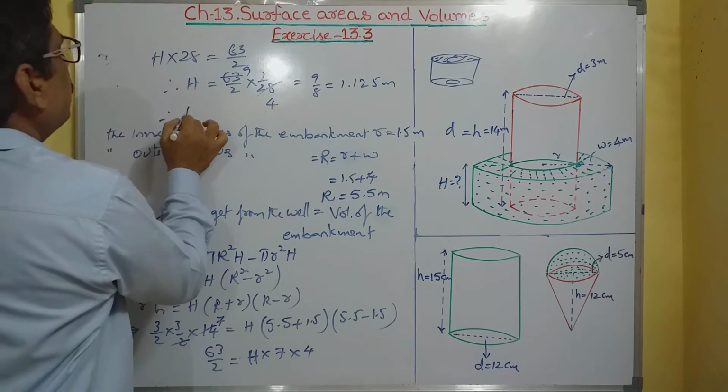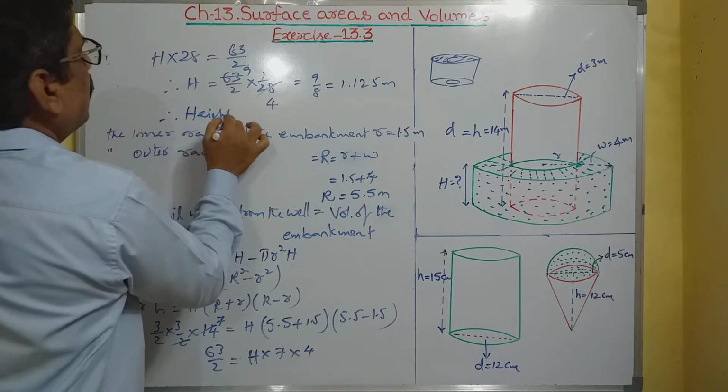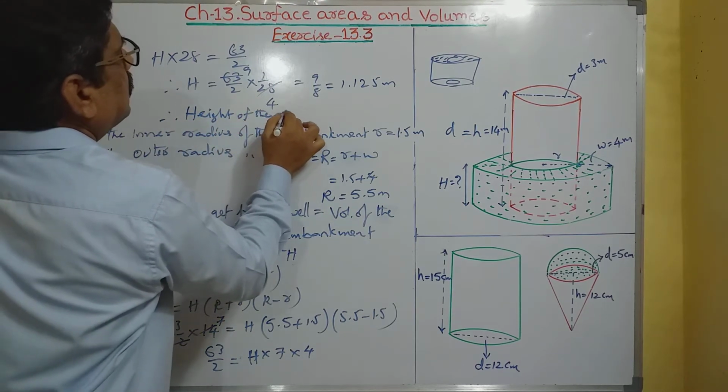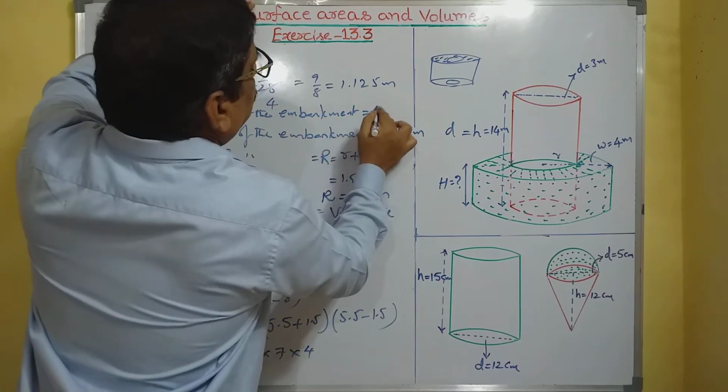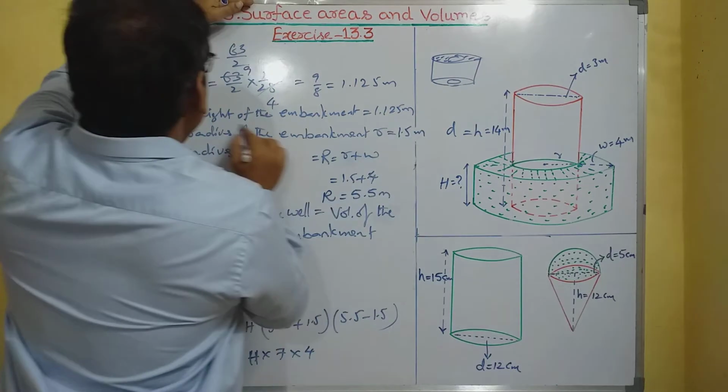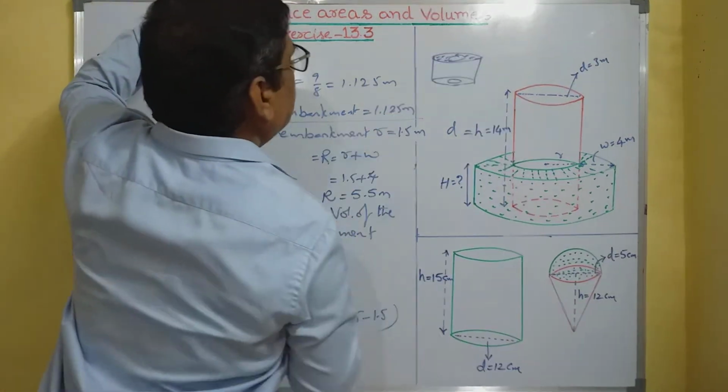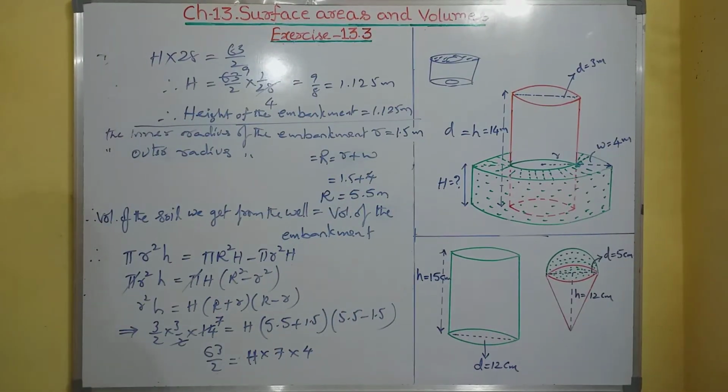Therefore, height of the embankment is equal to 1.125 meters. Okay, did you understand? Please copy this problem.